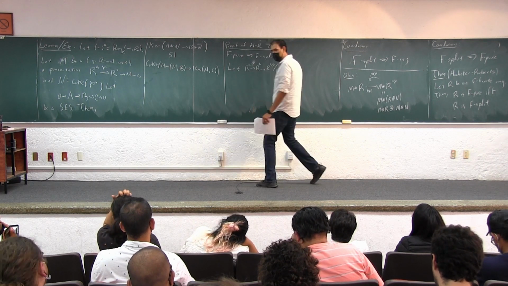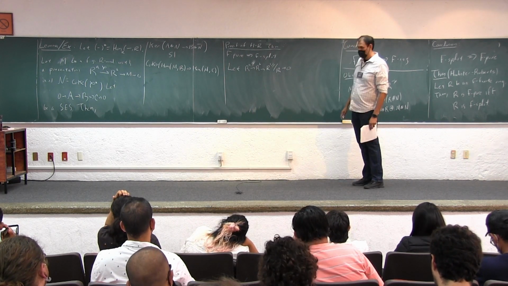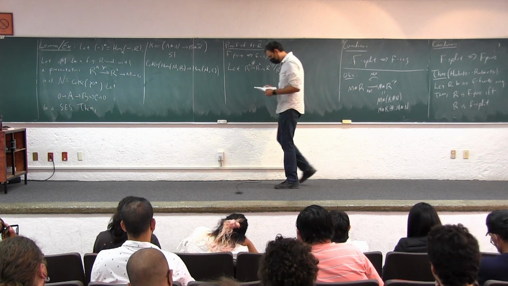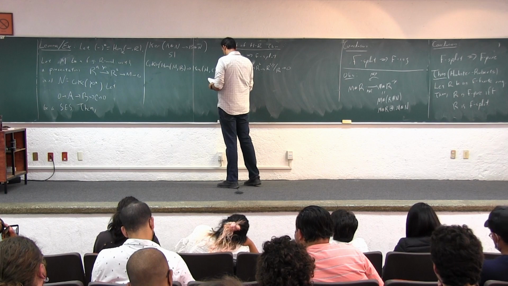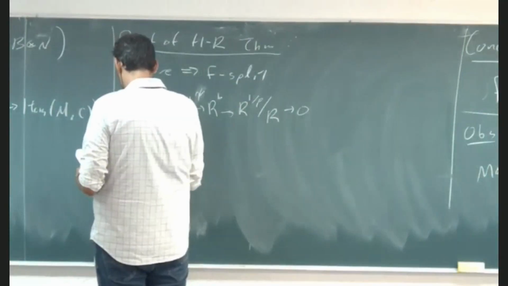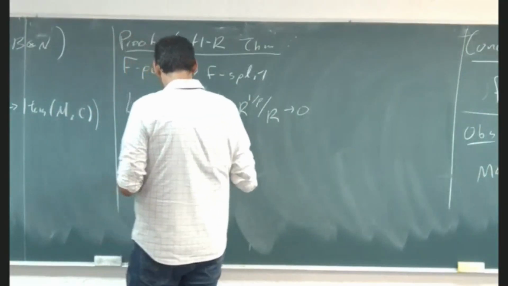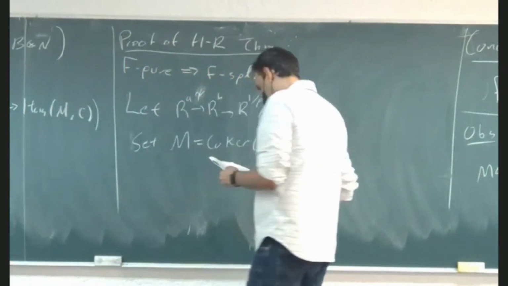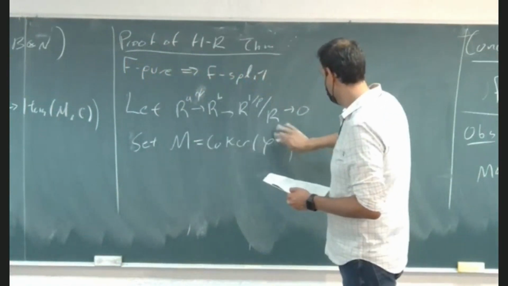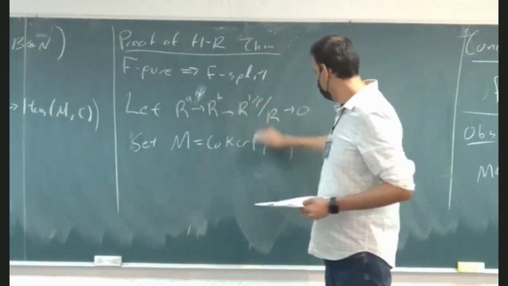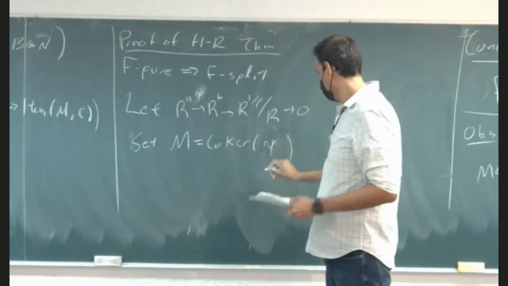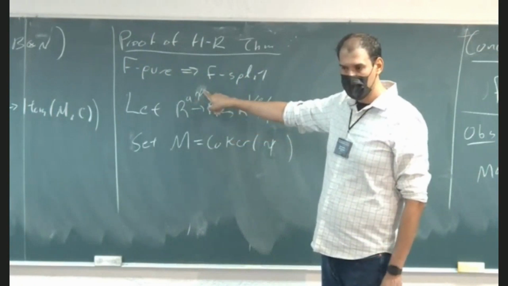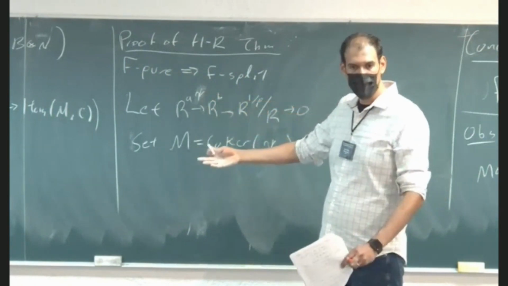Now, FC, okay, the bottom. So we're going to set M equals the cokernel of the dual of this one, of FC. But because we're working with free modules, the dual corresponds to the transpose, no?